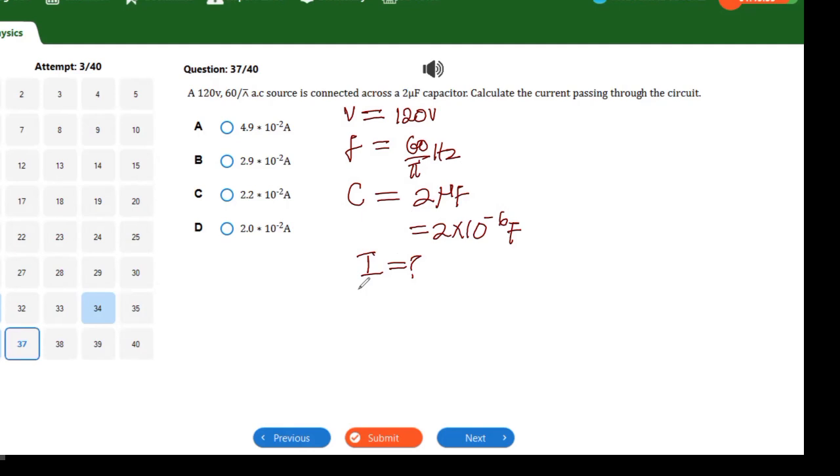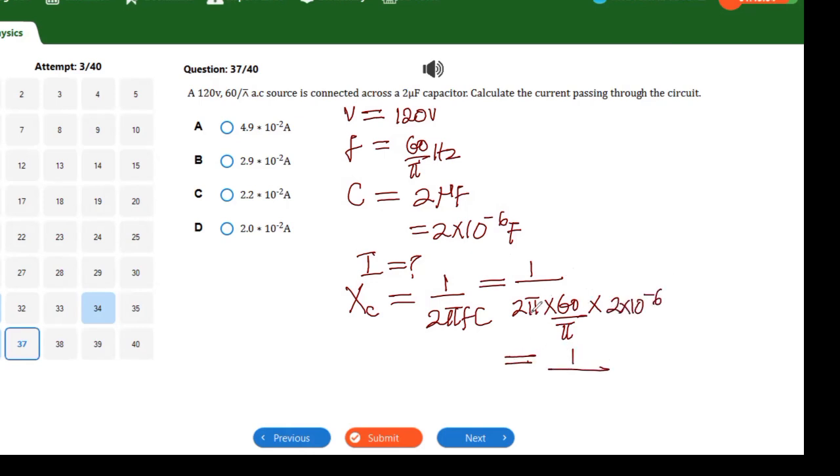We have the relationship that capacitive reactance XC is equal to 1 over 2 pi FC. Just substitute the values: 1 over 2 pi multiplied by F, which is 60 over pi, then multiplied by C, which is 2 times 10 raised to power minus 6. We cancel the pi, and we have 2 times 60, which is 120, multiplied by 2 times 10 raised to power minus 6.